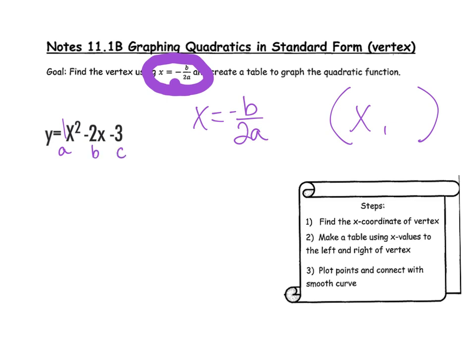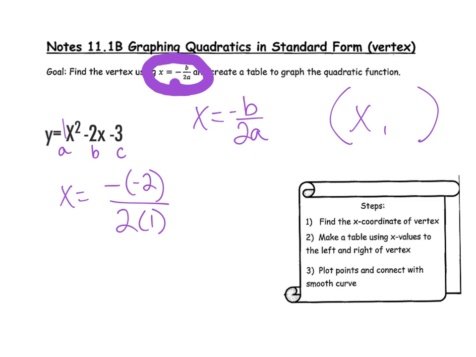So let's do a sample practicing how to find the x coordinate of my vertex. Okay, so x is negative whatever b is, and b is actually negative 2, right? Over 2 times a.